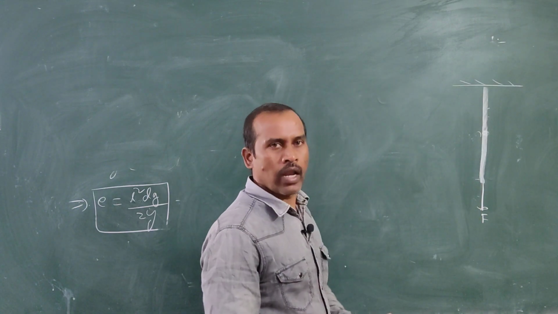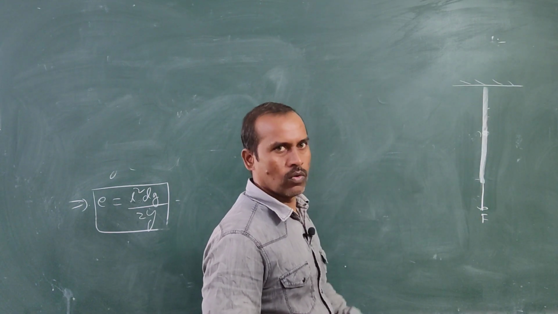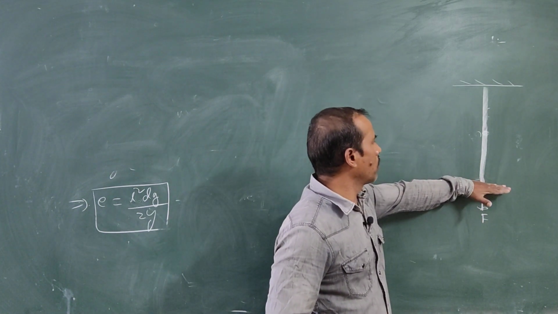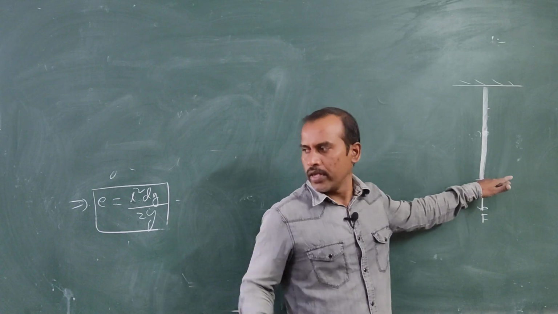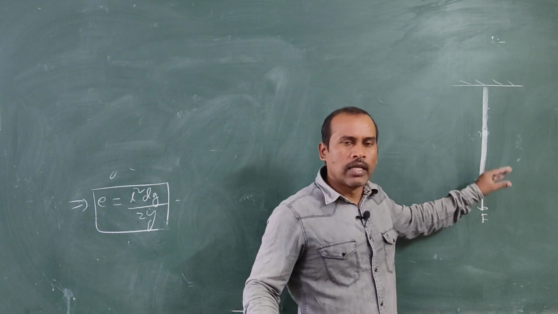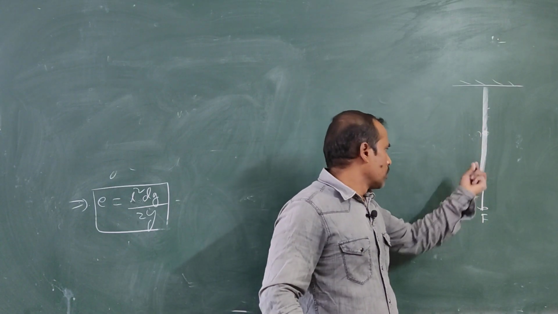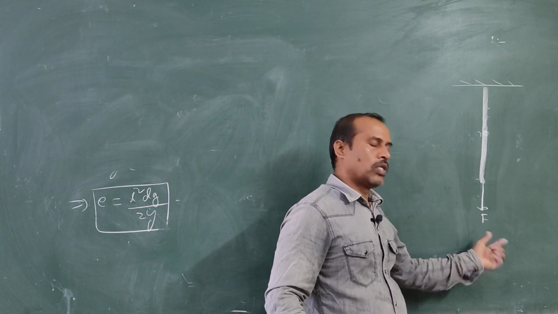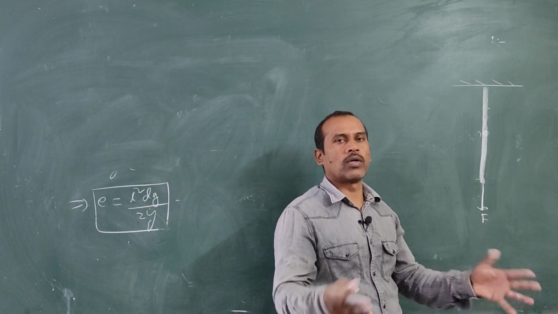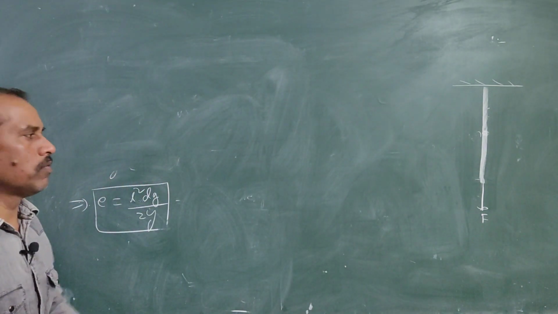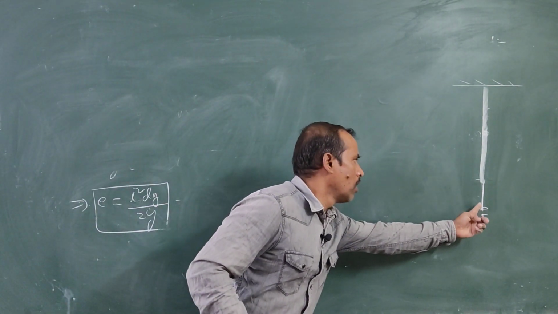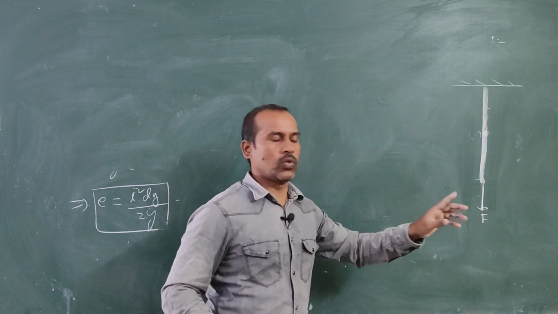The elongation due to its own weight is E, and with the applied force F, the total elongation is the addition of the elongation due to this force.